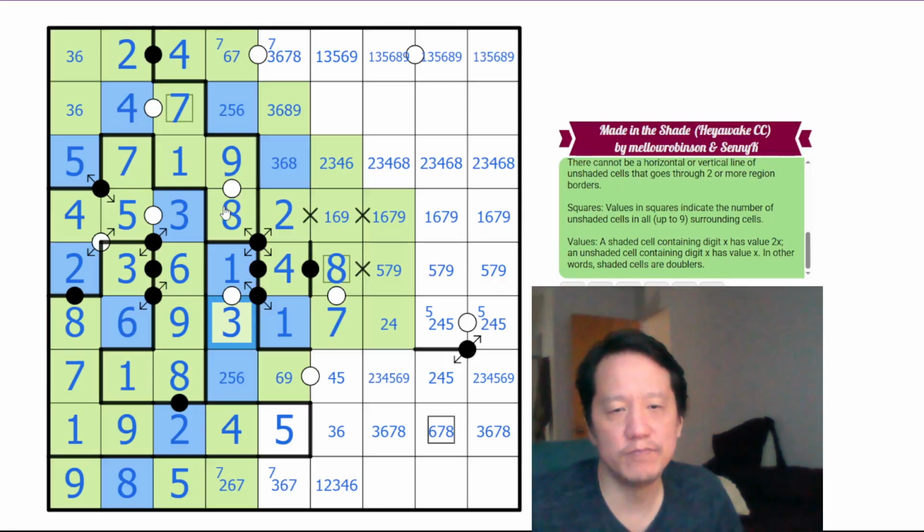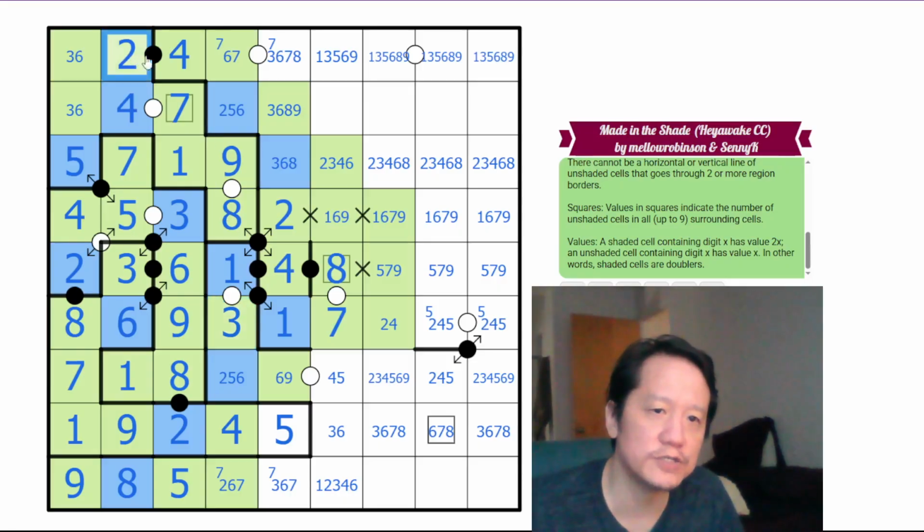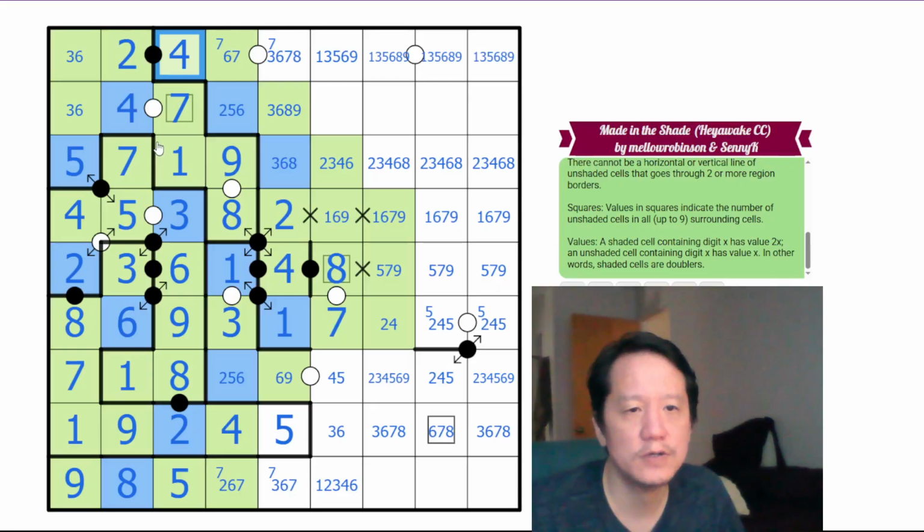Let's check the dots. 2 is in a 1 to 2 ratio with 4. 4 times 2 is 8, which is consecutive with 7. 5 is in a 1 to 2 ratio with 5 doubled, which is 10. 2 doubled is 4, which is in a 1 to 2 ratio with 8. 2 doubled is 4, which is consecutive with 5, which is consecutive with 3 doubled, which is 6.